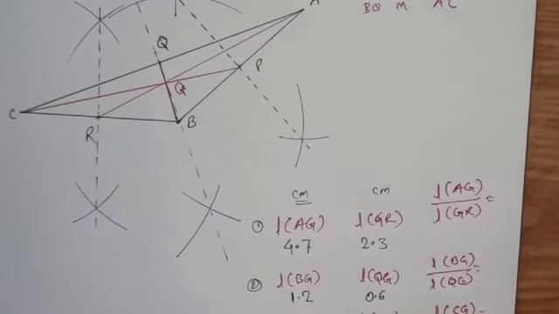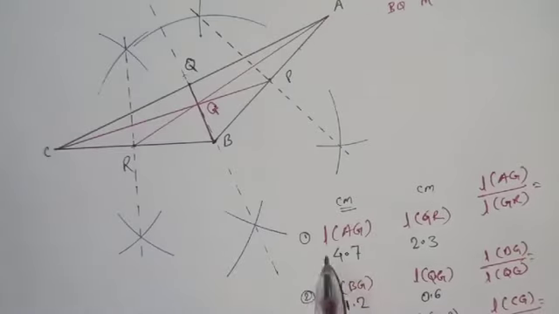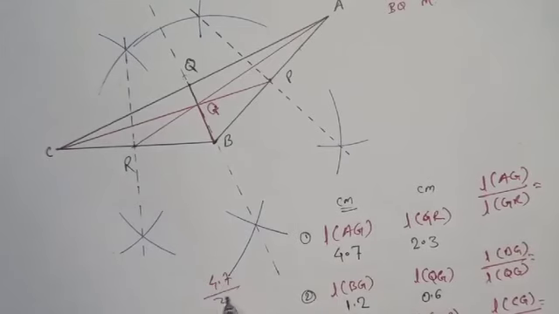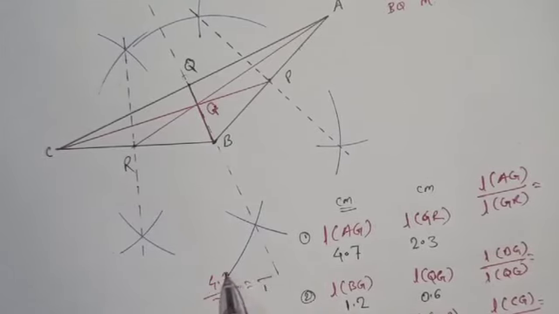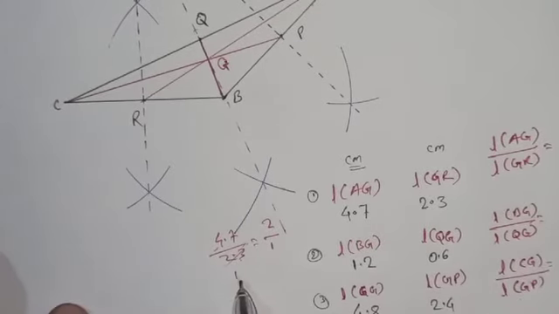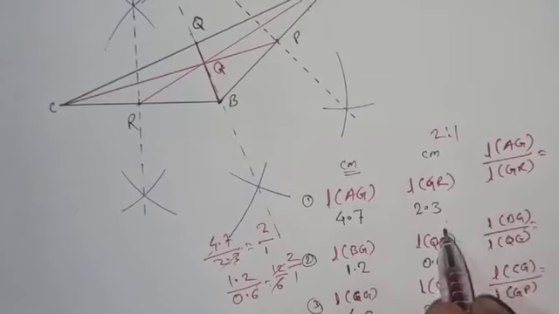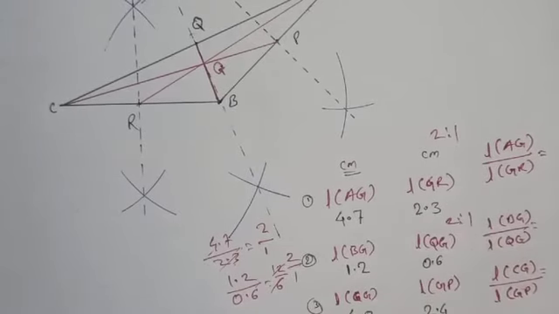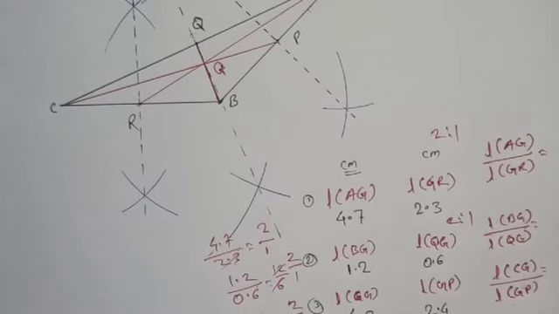If we find the ratio, what we have seen, 4.7 upon 2.3. So 2.3 is 1 times and 4.7 is 2 times. 1.2 upon 0.6. If we get a decimal point, then 12 upon 6, 6 2s are 12, means 2 is to 1. Then 4.8 upon 2.4, 2 is to 1.